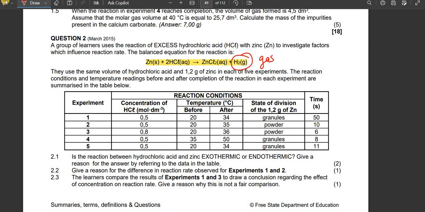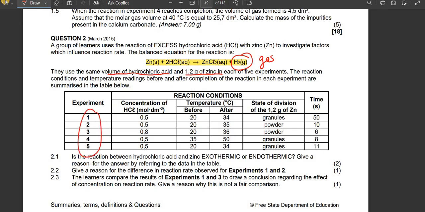And those different experiments are still changing different factors. But they told you that they use the same volume of hydrochloric acid and 1,2 grams of zinc in each of these 5 experiments.